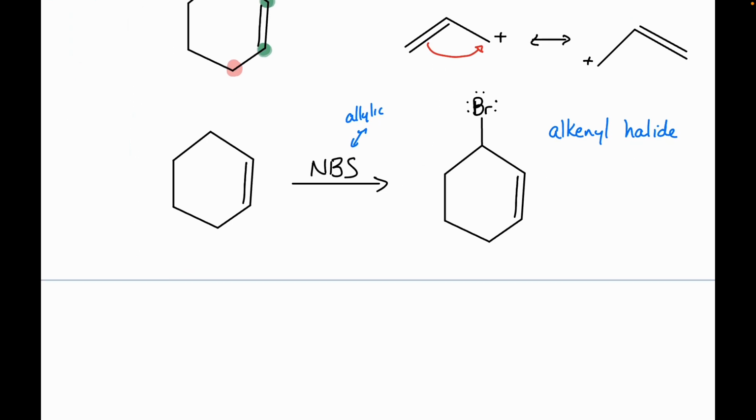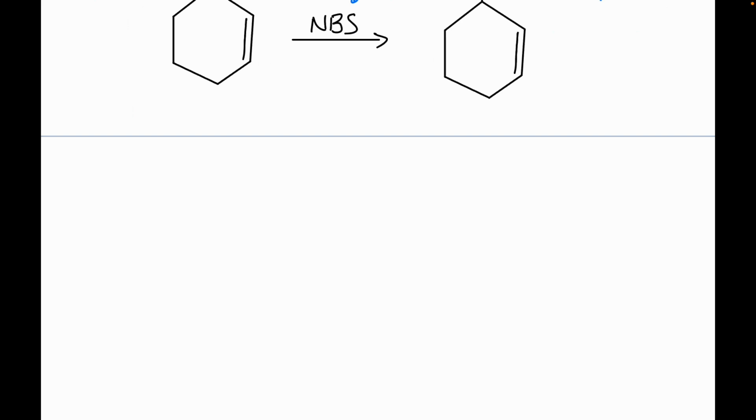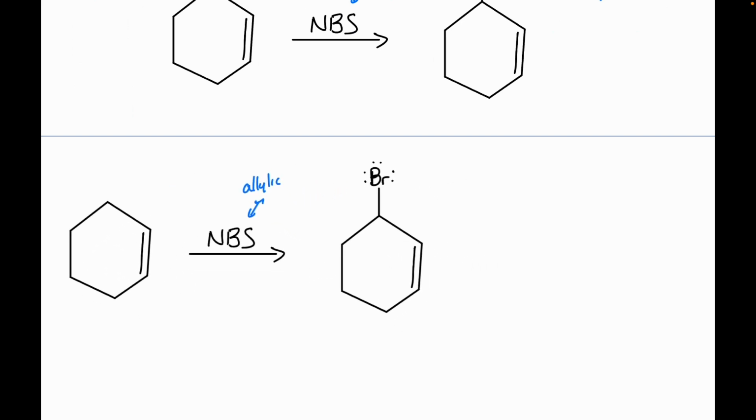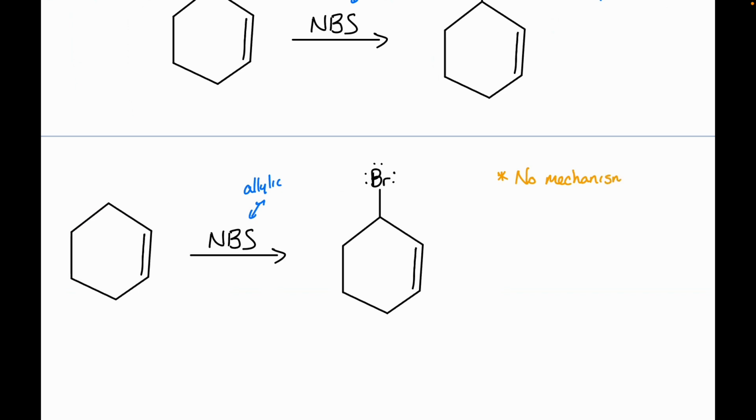All right, so for this reaction here, our NBS, we're not going to have any mechanism that we have to know for this reaction. All right, no electron pushing arrows. But what we do have to know is that this reaction too does go through a radical intermediate.